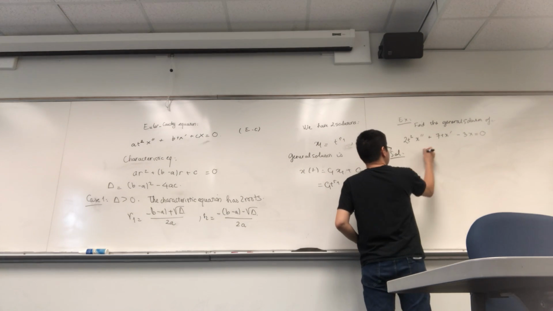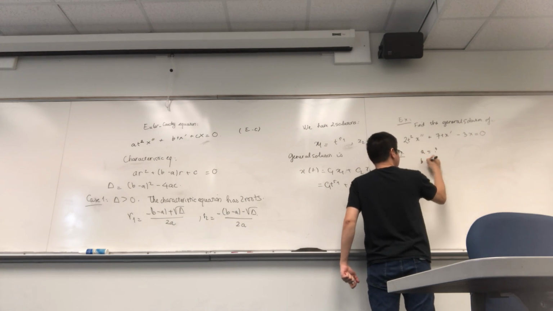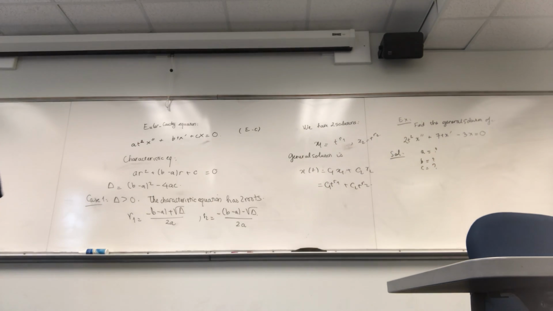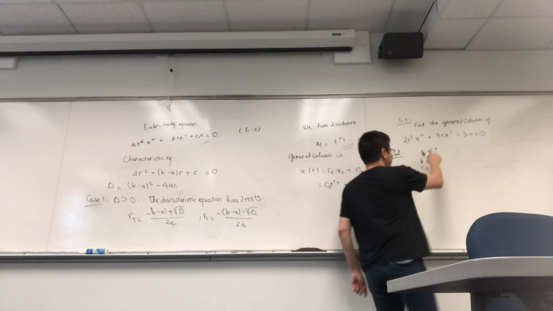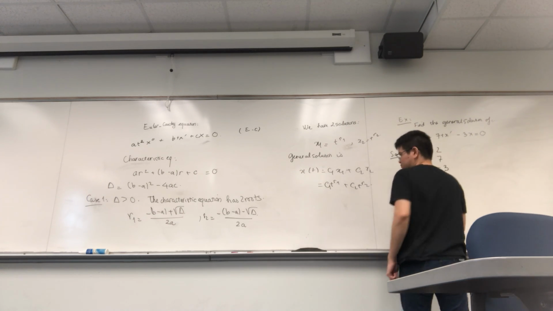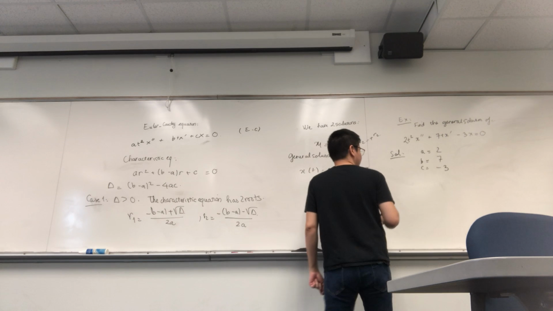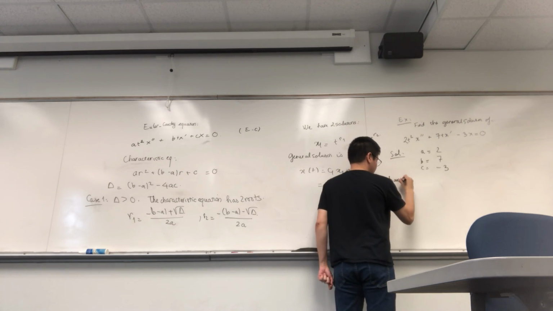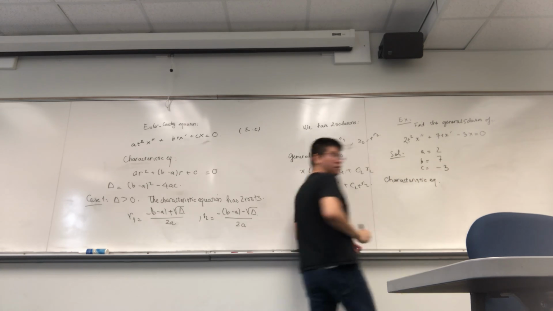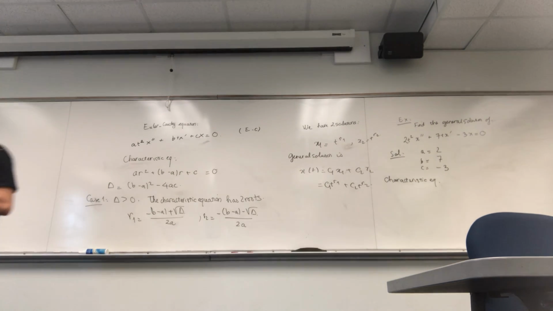Solution. So I want to know what is a, what is b, and what is c. So a is 2, b is 7, and c is minus 3. All right? So what is the characteristic equation?